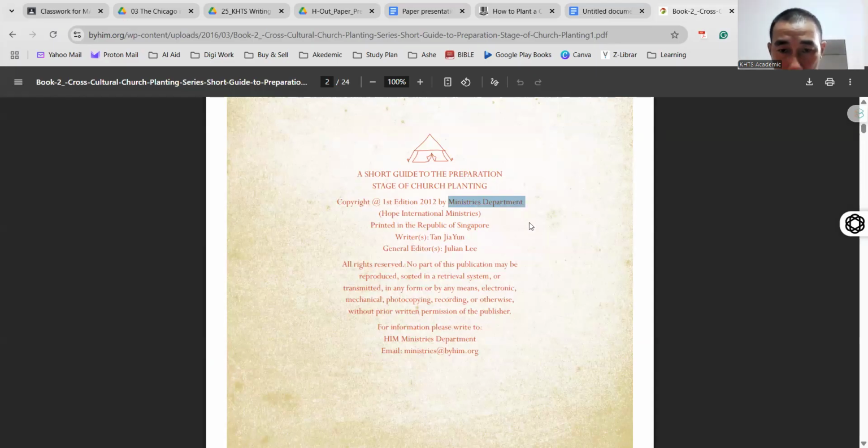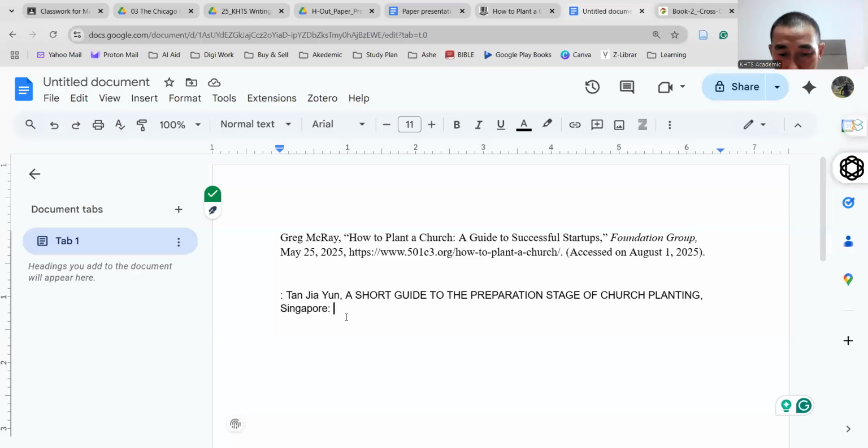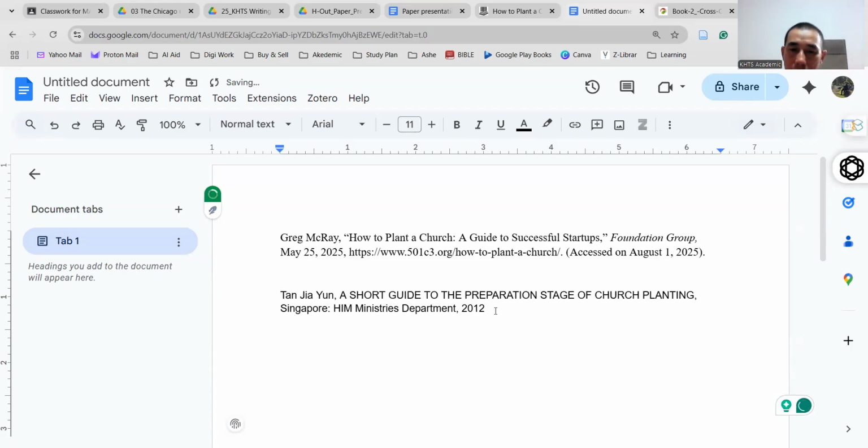Copyright by the Ministry Department, Home and National Ministry, 2012. Well, that is one citation that we are getting.